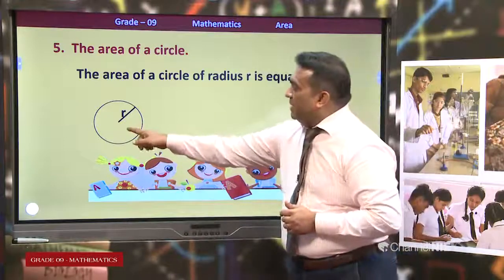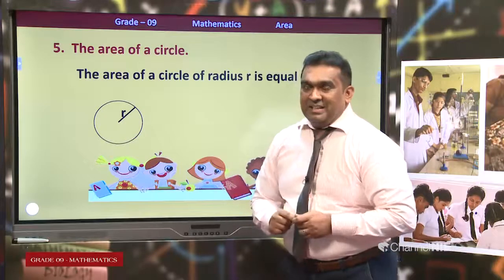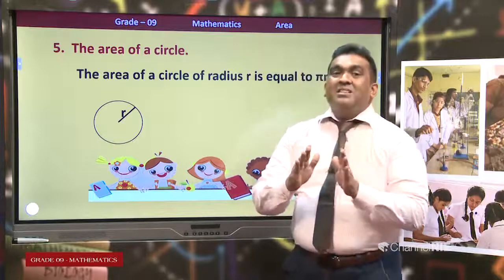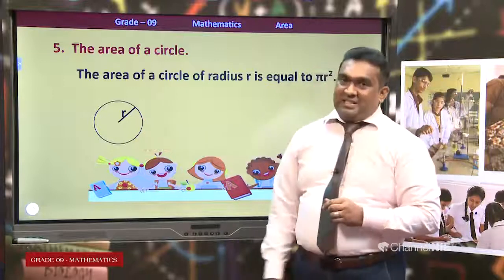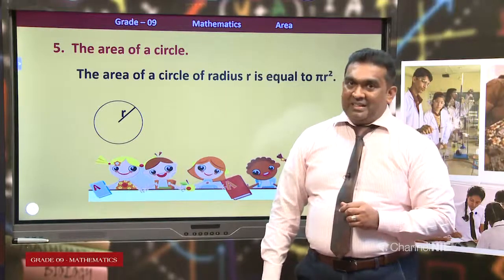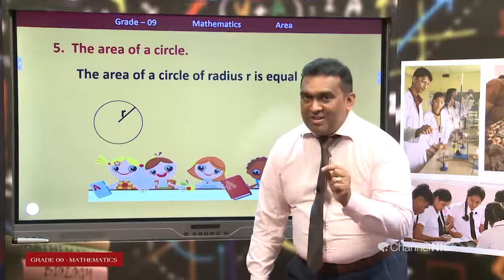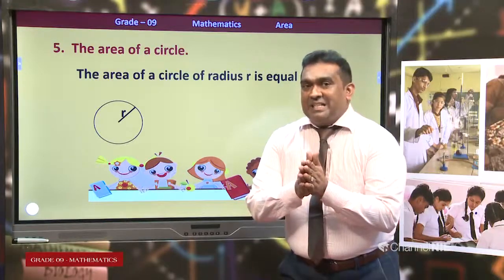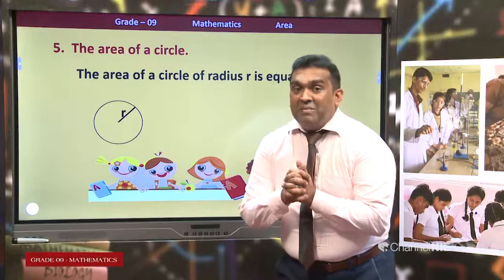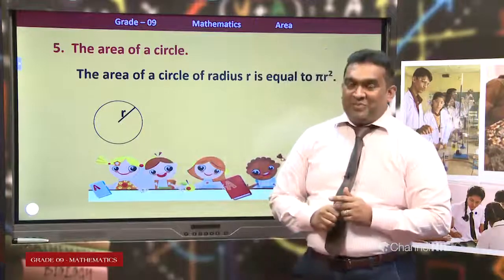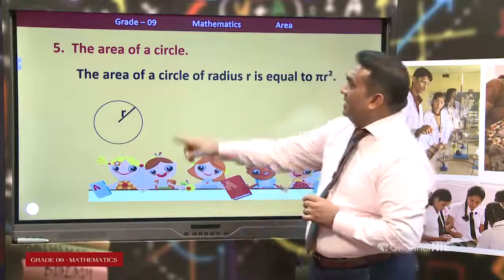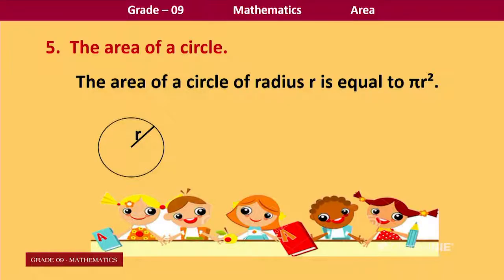What is this measurement? This is called the center. The length from the center to a point on the circle is called the radius, right? In grade 6 class, you learned radius is half of the diameter. Diameter is twice the radius, right? Here, the area of a circle of radius r is equal to pi r squared.